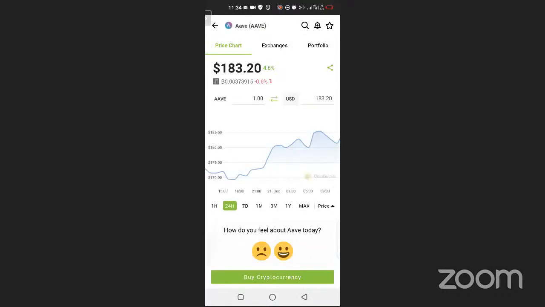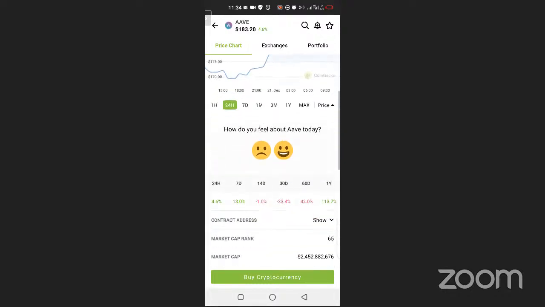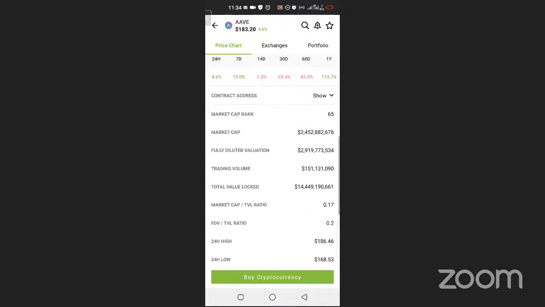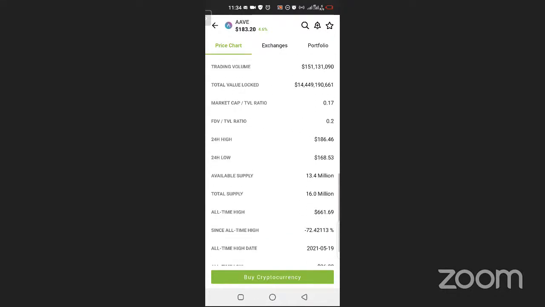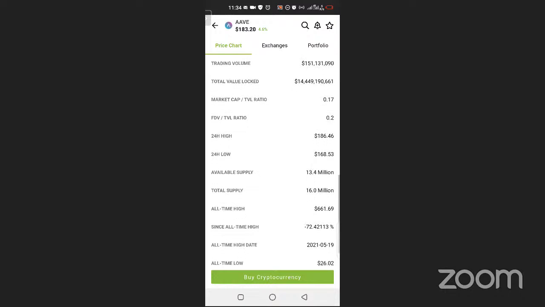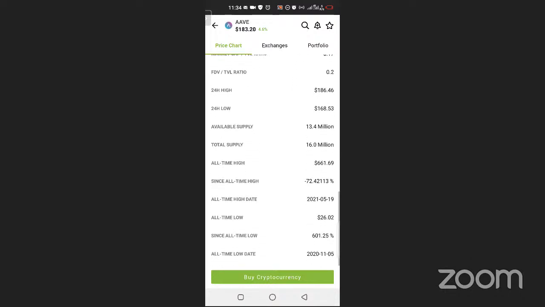Now, if you look at this coin, its current price is $183, right? Let us analyze it a little bit and look at its all-time high. The all-time high of this coin was $661. You see that? 661 all time.